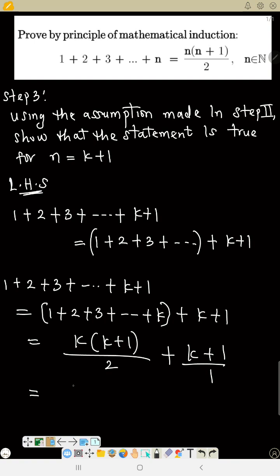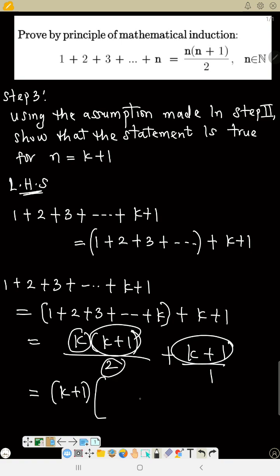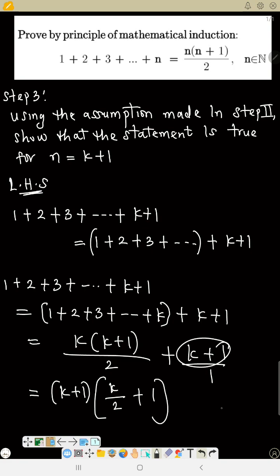Let me finish the k plus 1 first. You see that k plus 1 is common, k plus 1 is here, is also here. Remove it out, and it will remain k over 2 plus 1. Remember, k plus 1 is outside, and this one is over 1. So what's the LCM in the bracket?